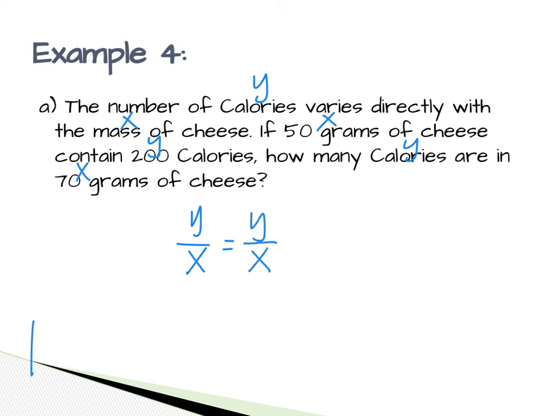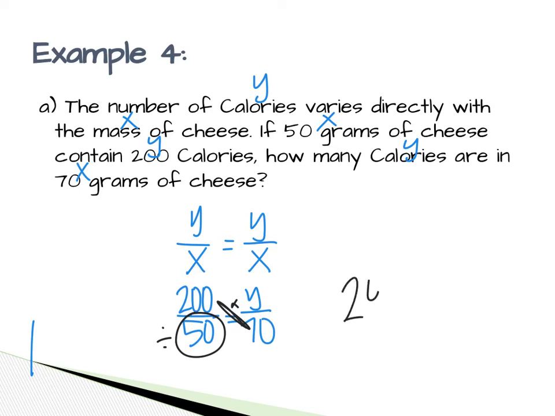And that's going to be 200 over 50 equals Y over 70. And then you just multiply the numbers diagonal from one another and divide by the other number. So that's 200 times 70 divided by 50. So that's 280 calories.